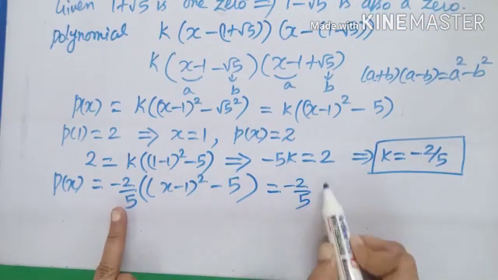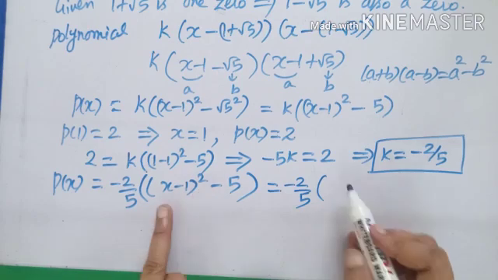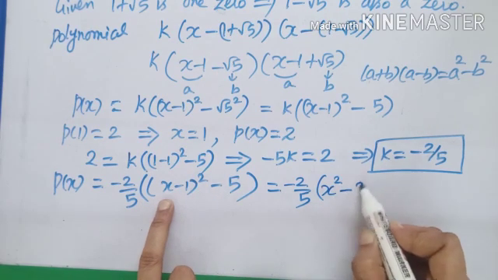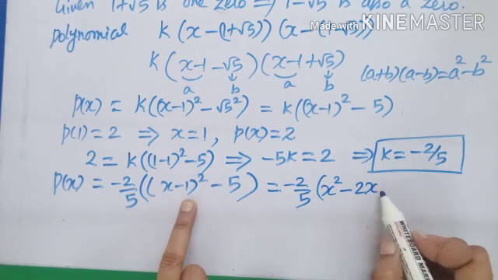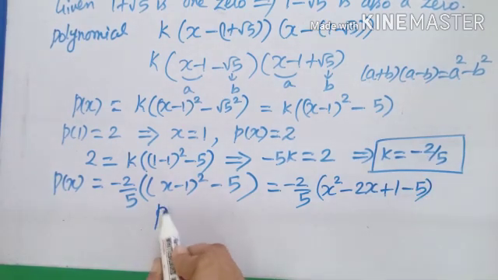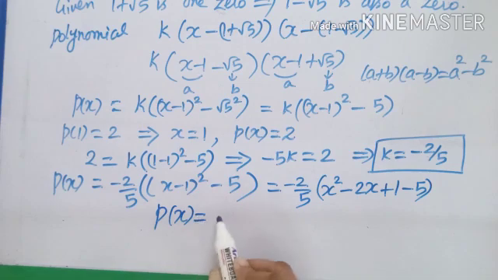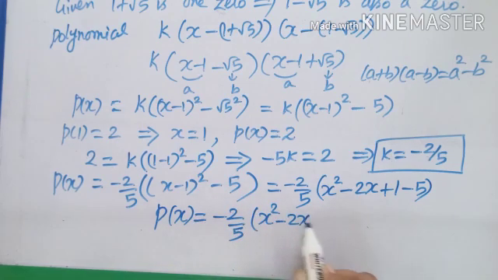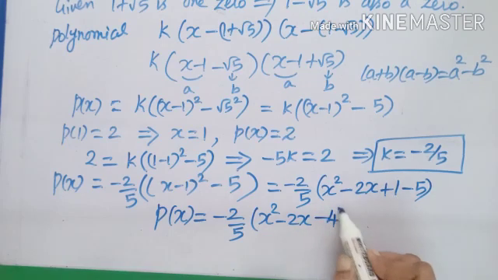Minus 2 by 5, this is a minus b the whole square, a square minus 2 into x into 1 plus b square, minus 5. Or if I simplify, p of x is equal to minus 2 by 5 x square minus 2x, 1 minus 5 is minus 4, and that is the answer.